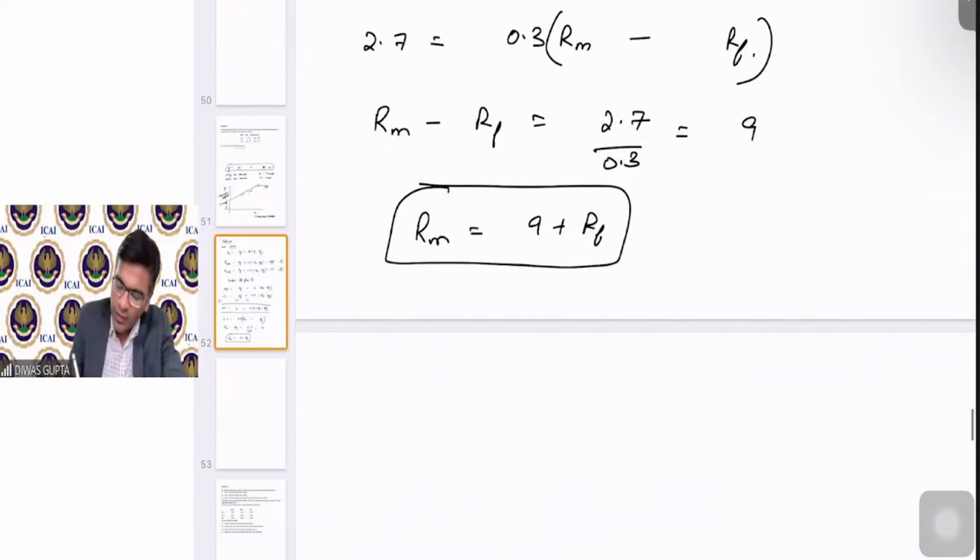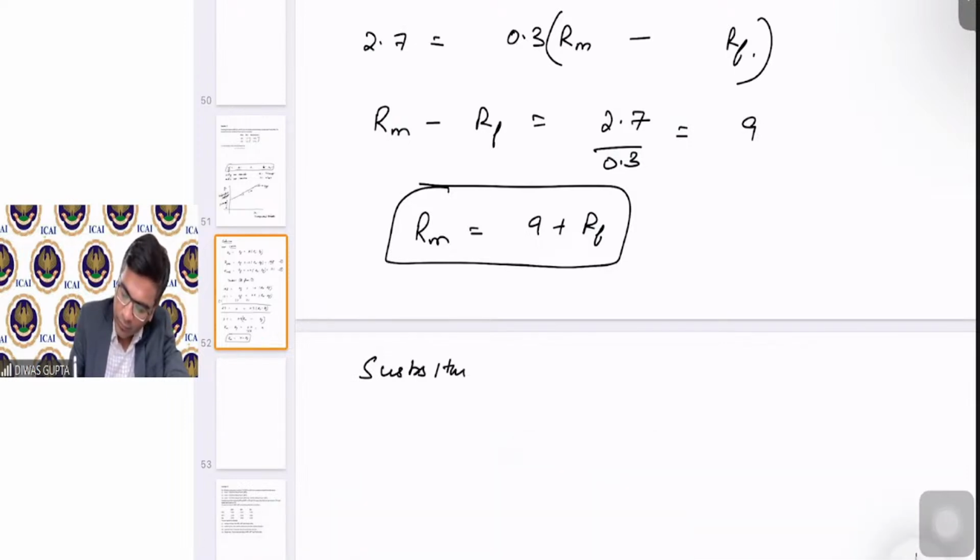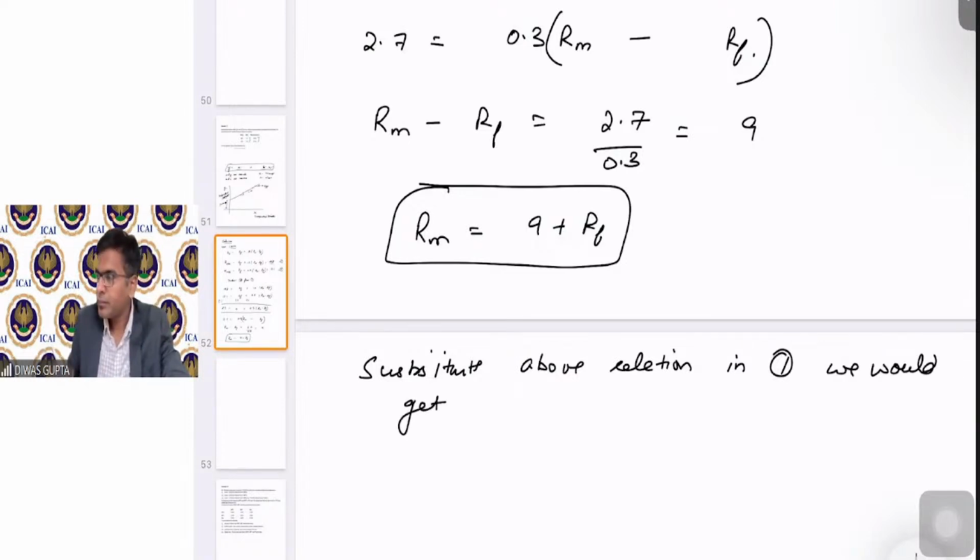Okay, students. So if we substitute the above relation in 1, we would get RM as 18% and risk-free rate of return as 9%.